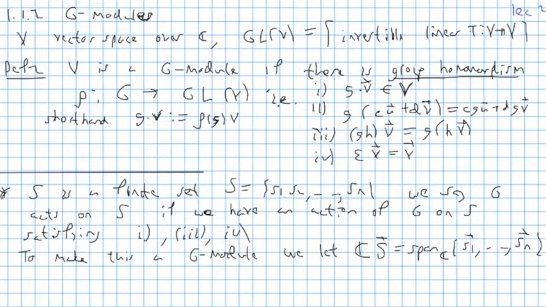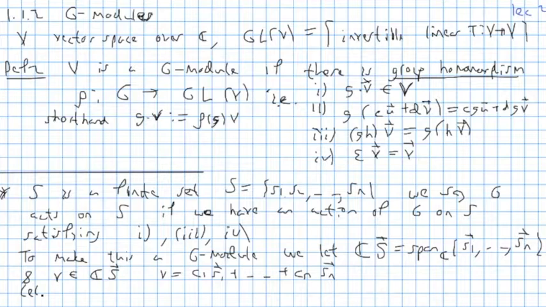Then I can consider linear combinations of the objects of S. A vector in this space would be something like C1 S1 plus through Cn Sn, and we define the action of the group component-wise.